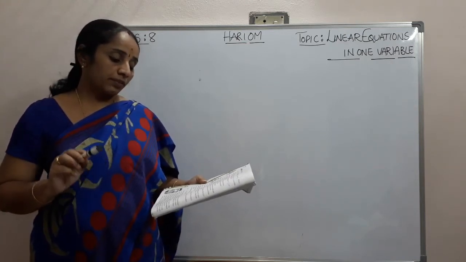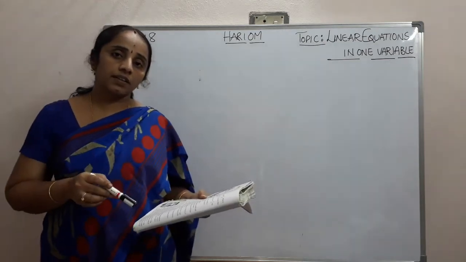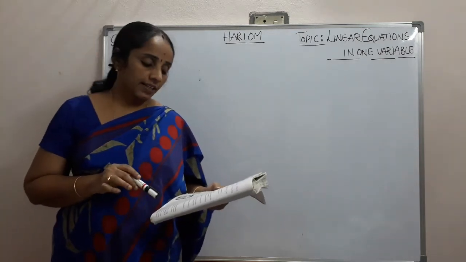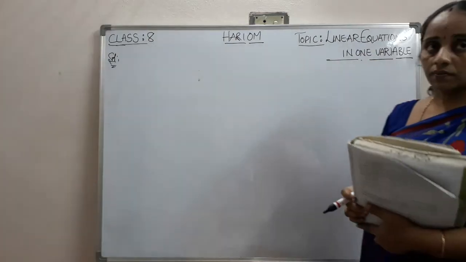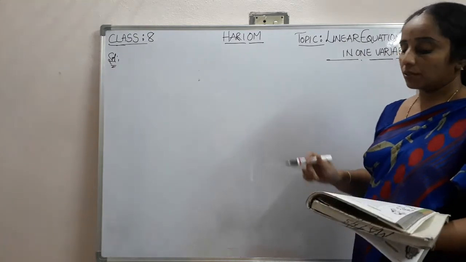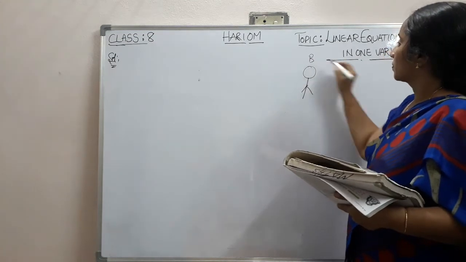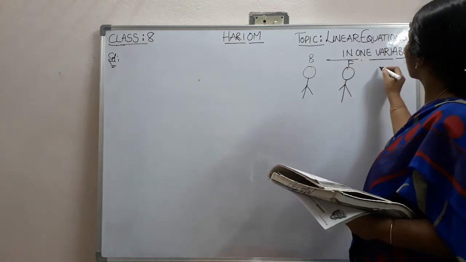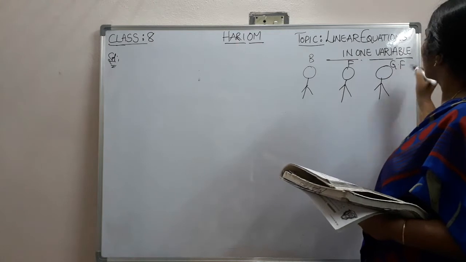So here both his father and grandfather are related to that boy's age. Here in this problem, first the boy, and his father and his grandfather.